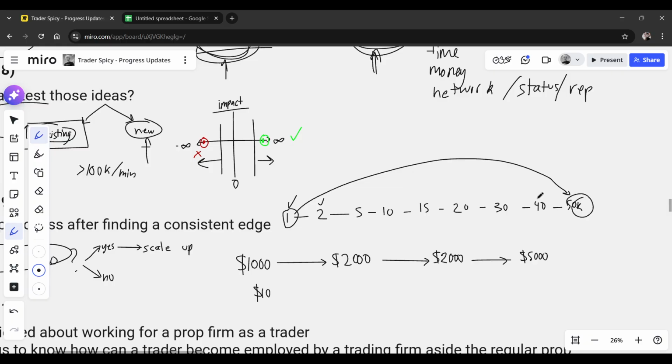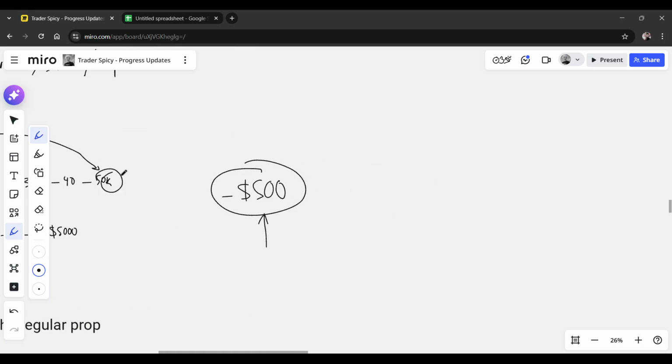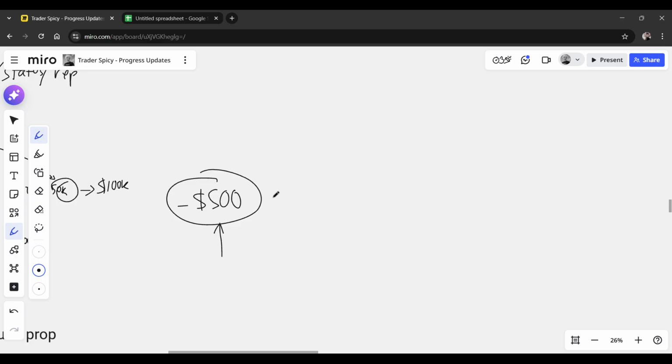It's like if you're so used to, let's say you get stopped out on a trade and you're used to being stopped out and seeing minus 500. When you scale up to the next size, let's say 100K, and then price is slightly more than half of the distance to your stop loss, and you see like minus 621, and it's nowhere near your stop loss.